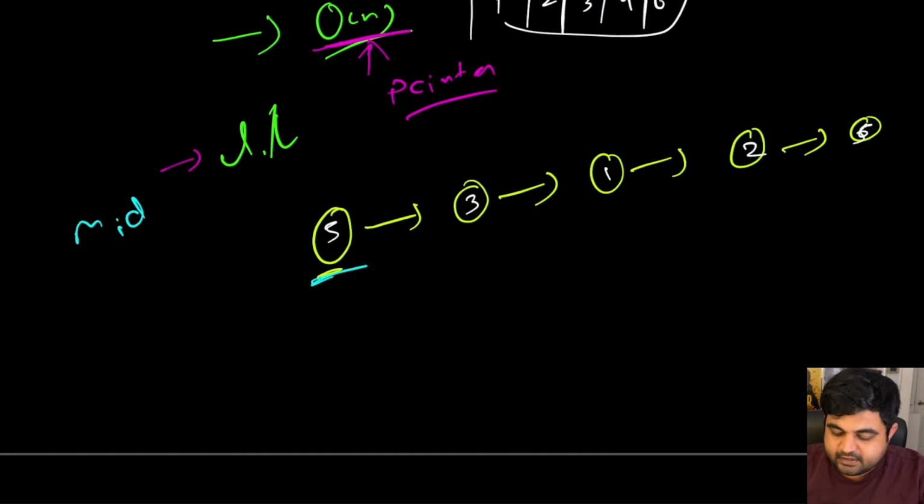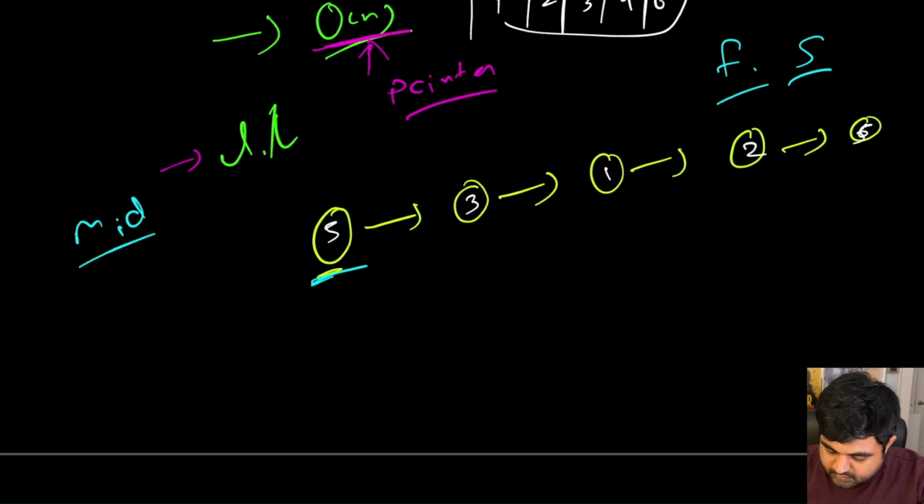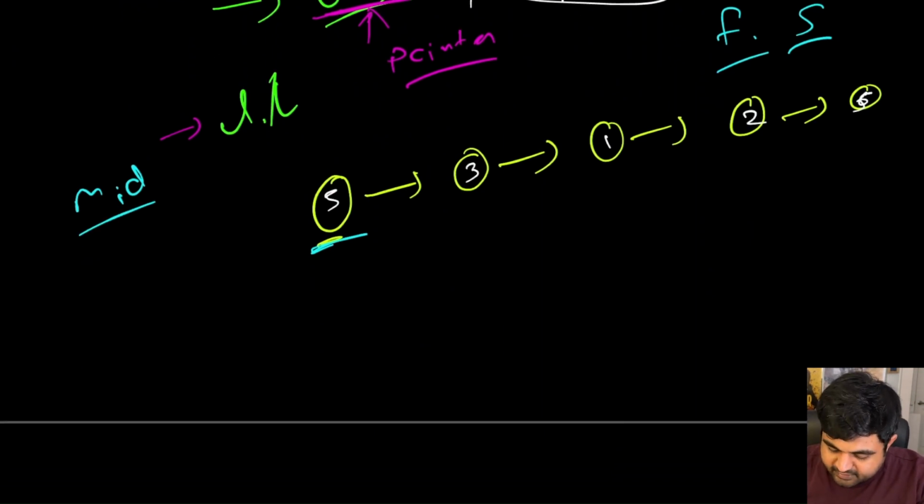If we have to find the mid pointer, all we need to do is use the fast and slow pointer method, and by doing this we would be able to find the mid pointer quite easily. For those who don't know how fast and slow pointers work, we have two pointers, fast and slow, starting at the very beginning of the linked list. The fast pointer jumps 2 hops, and the slow pointer only jumps 1 hop every iteration.